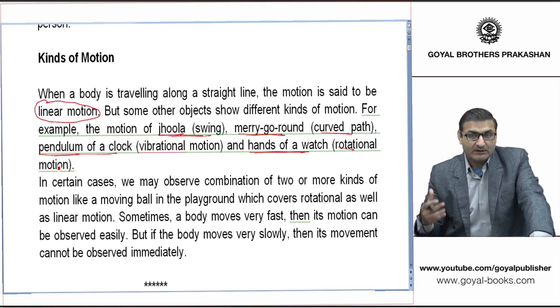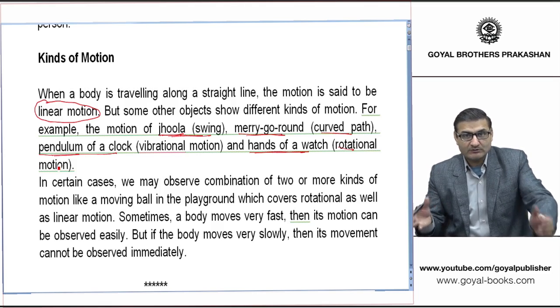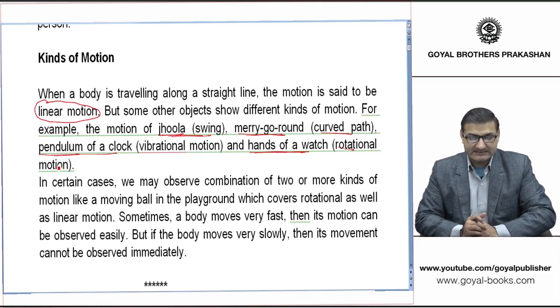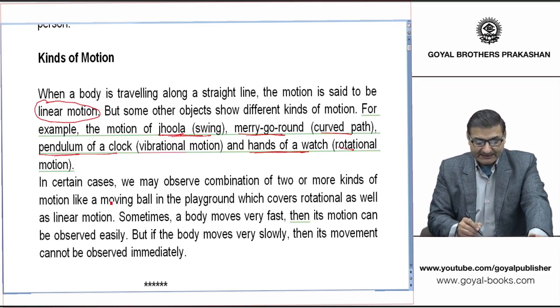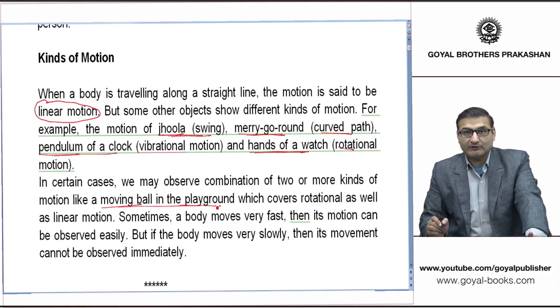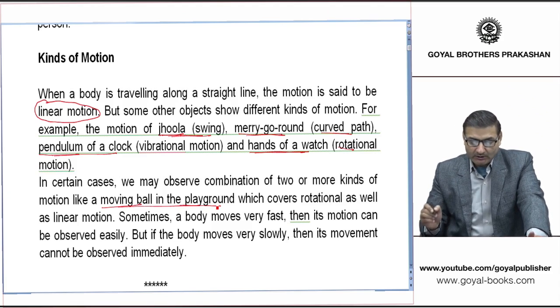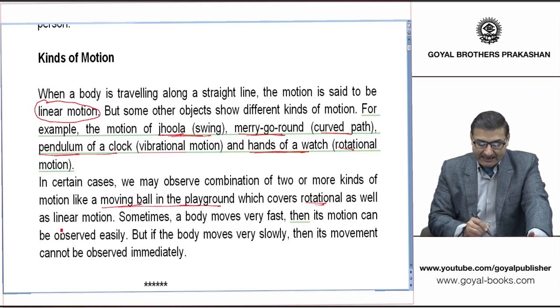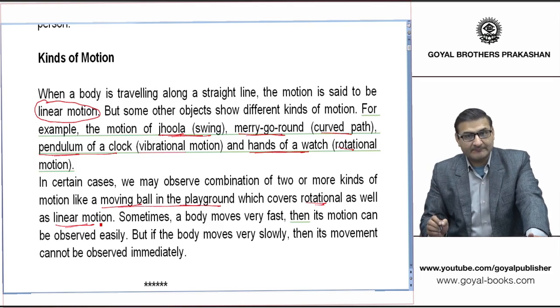Now there are times when an object shows more than one type of motion simultaneously. For example, take a moving ball in the playground. The ball shows rotational as well as linear motion.